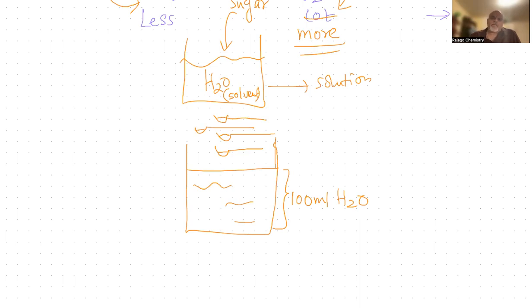But how many can you add? As long as the sugar goes in, it is called an unsaturated solution. Once there is a time when you add more and more, then you see that the sugar is getting deposited at the bottom. This is called a supersaturated solution.